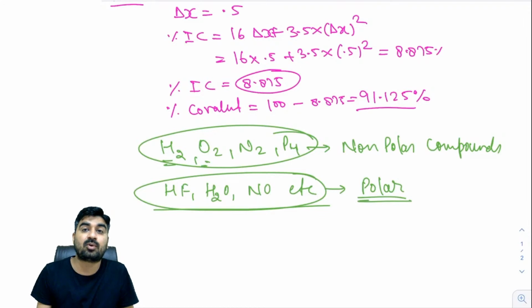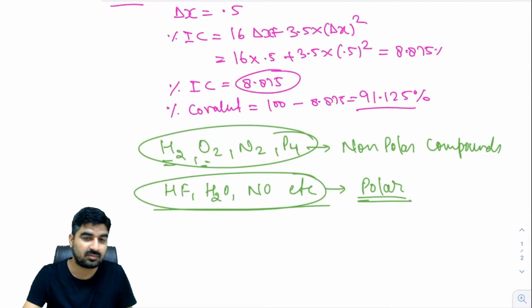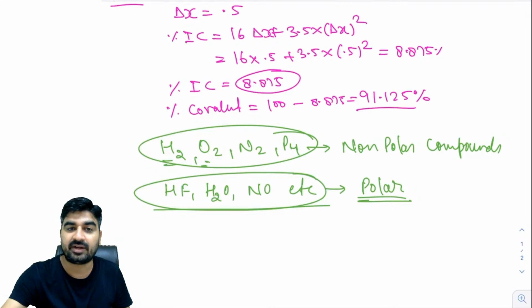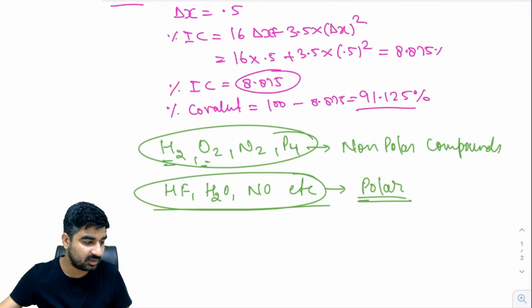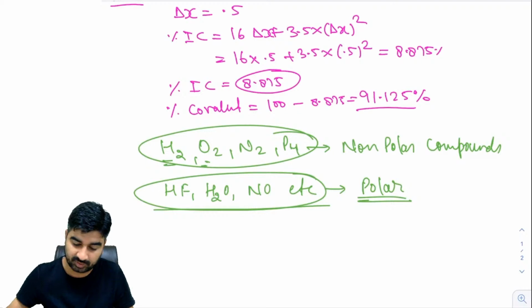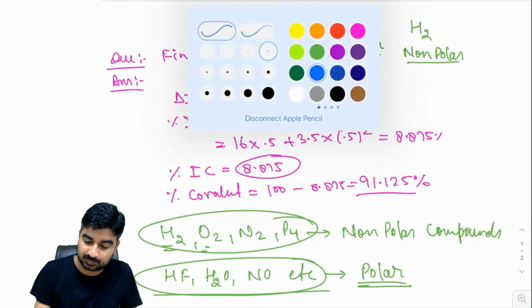And what do you mean by pole? Like North Pole and South Pole. Here we have positive and negative. I hope you got my point. Any doubt? Please ask. Okay. Now, application number 2.